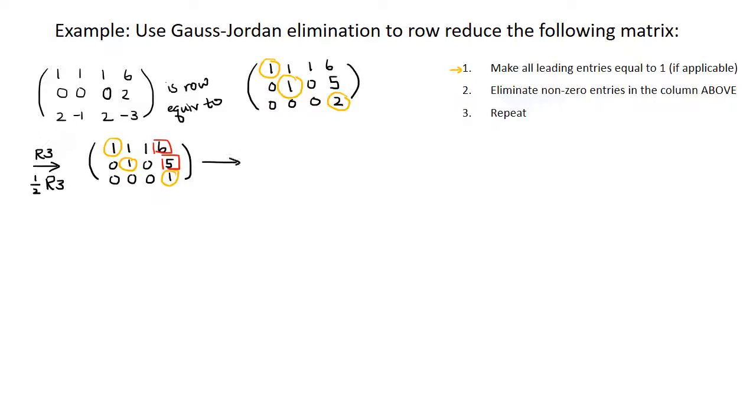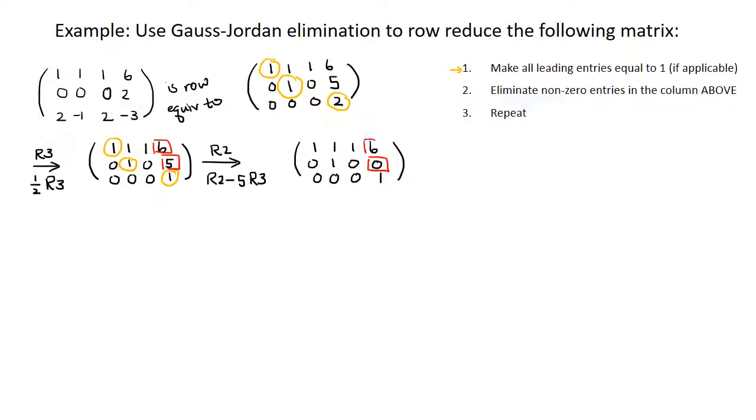So we're going to replace row 2 with row 2 minus 5 times row 3 to get rid of this 5. So this changes the 5 to a 0. And next we want to get rid of this 6.